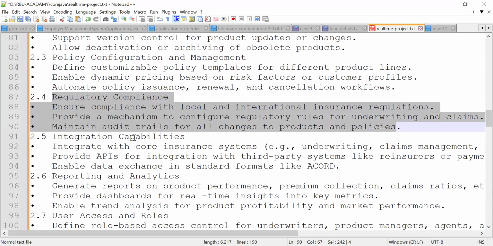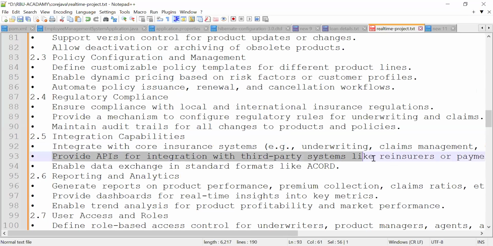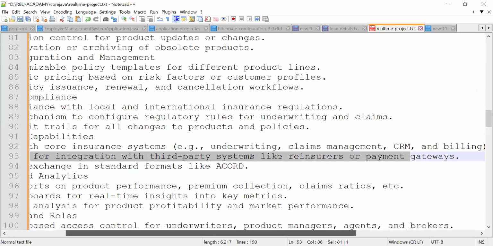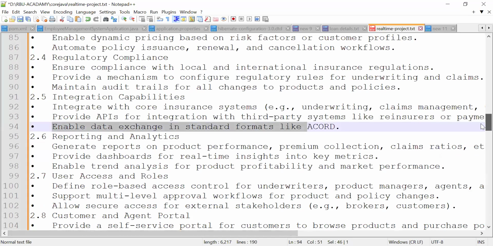Integration capabilities: integrate with core insurance systems, provide APIs for integrating with third-party systems like payment gateways. There will be challenges in how you want to exchange the data.